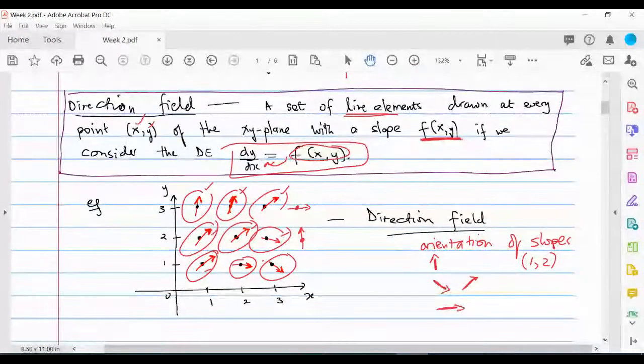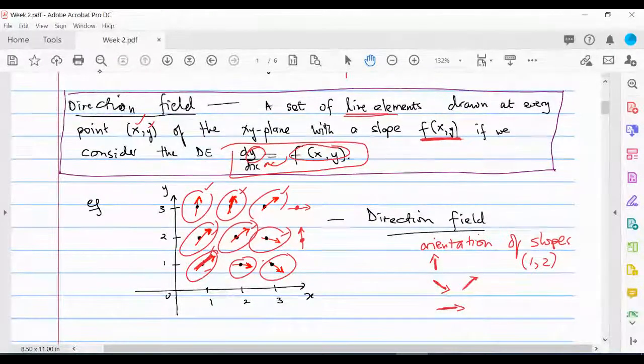These are slopes, by the way. All you know is that the graph of the solution y is going to come and touch these small tangents. When you put that orientation, you are actually drawing some small tangents at the given points.